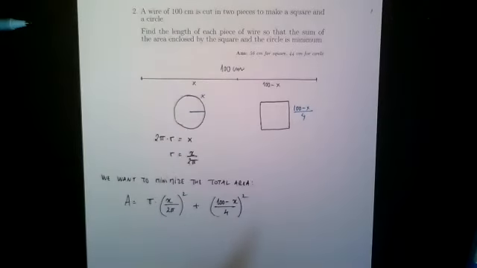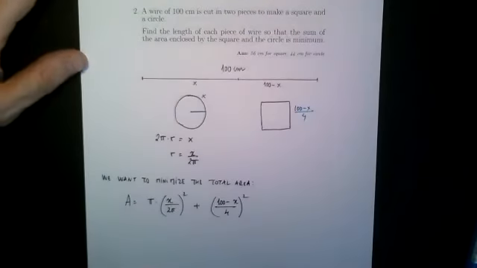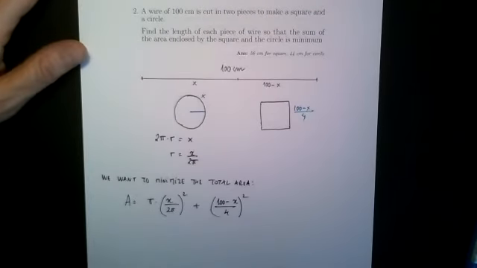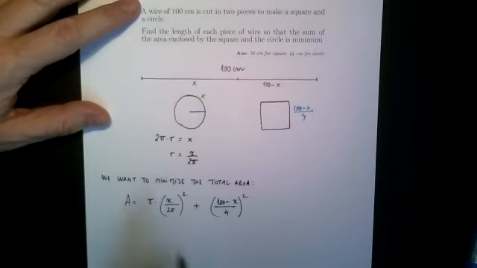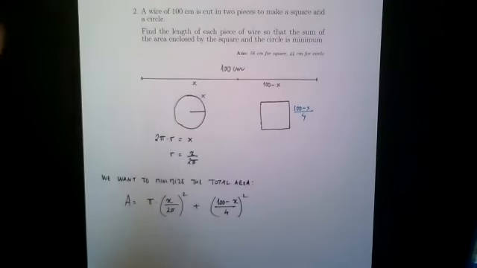Alexandra, you had a question? Why is it pi radius squared? That's the area of a circle. Okay. But why did you isolate the radius? How did you know to isolate the radius at the beginning? Because I need to be able to express the total area as a function of x only.